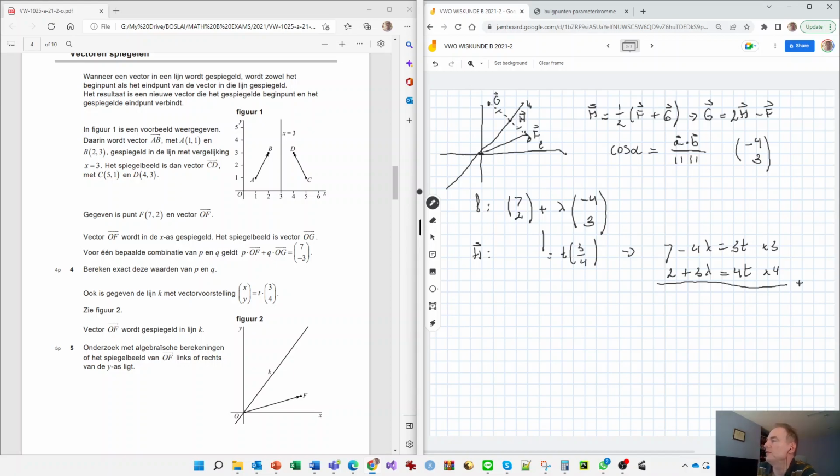So this is 21, get 21 plus 8 is 29. Minus 12 plus 12 is 0, that's what we want. And I get 29 is 25t. T is 29 over 25.